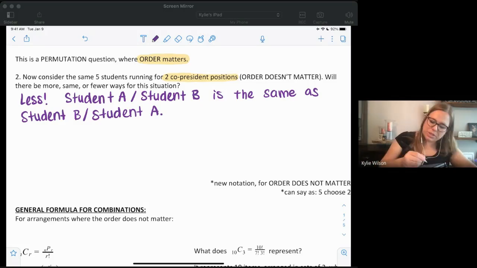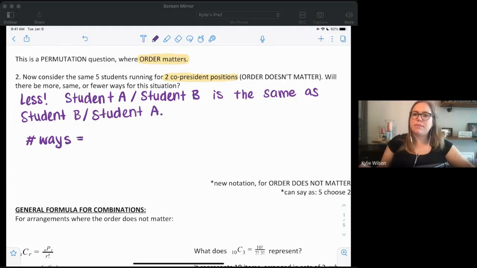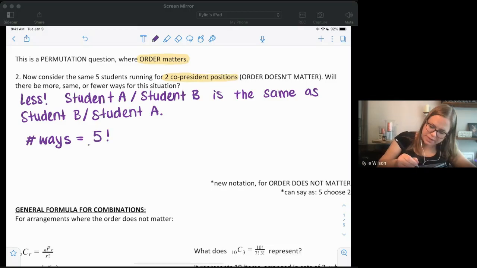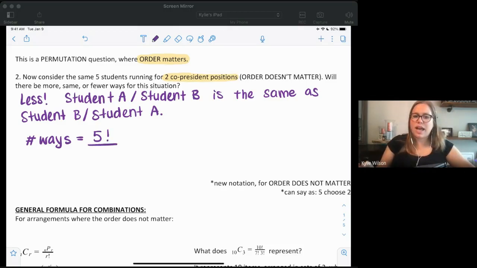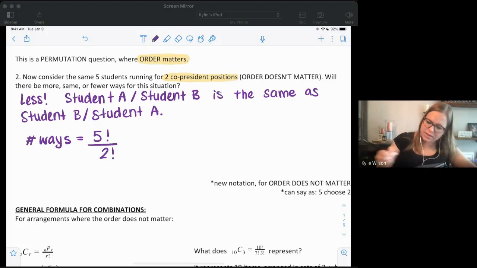So what we would do here is have our number of ways. Because we have 5 students, we would take 5 factorial. And then we would make sure to divide out our number of identical terms, right? Just like this.